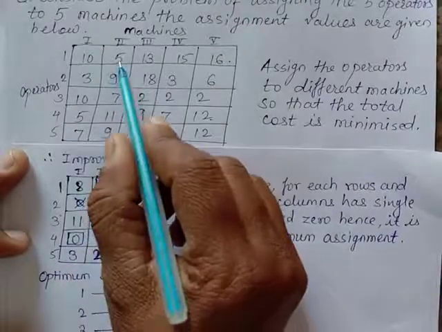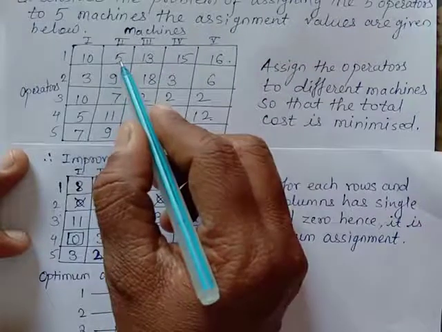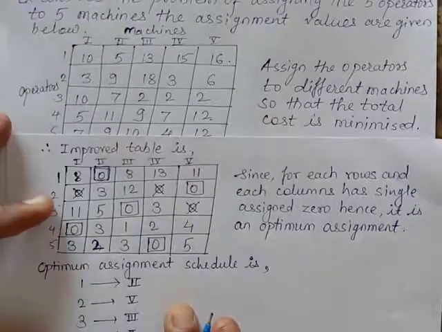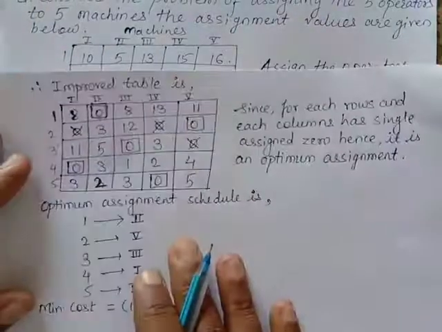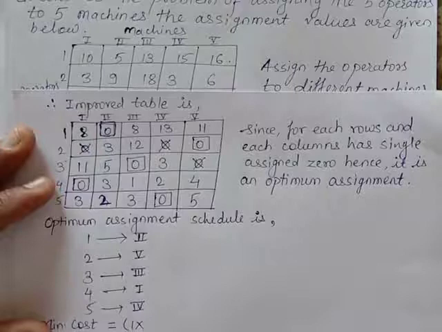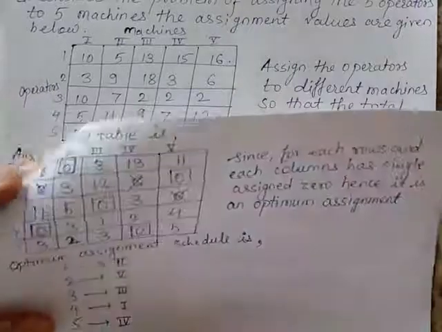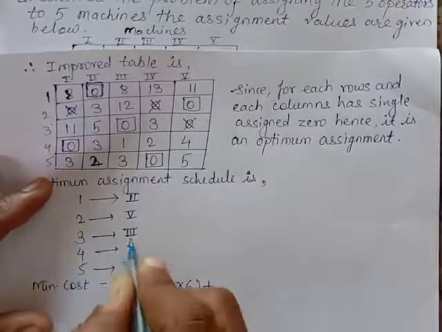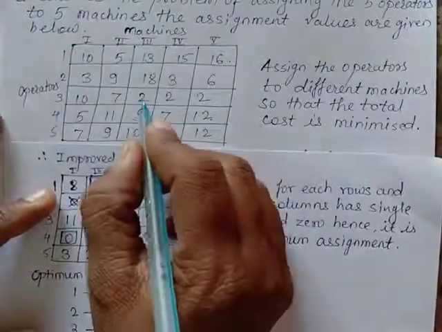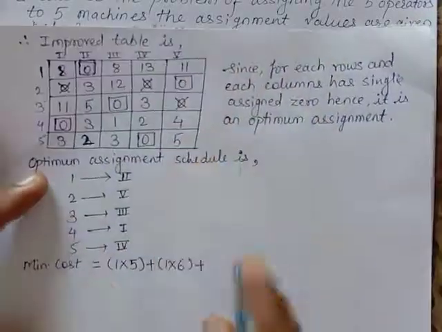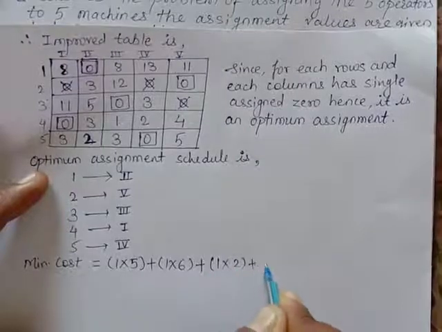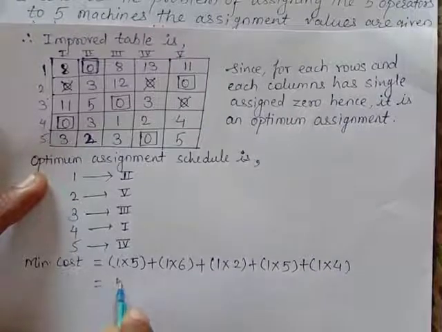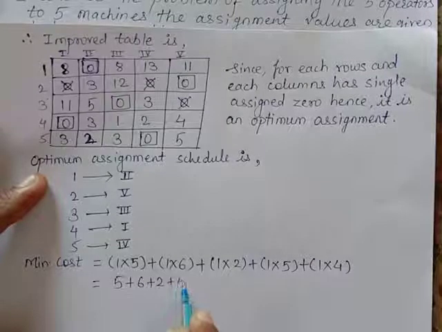So here the second one has a cost 5, then the fifth one has a cost 6, so this is 1 into 5 plus 1 into 6 plus, for the third one it will be this position, so what is the cost there? 2, and 5 and 4, so this will become 1 into 2 plus 1 into 5 plus 1 into 4, so this will be 5 plus 6 plus 2 plus 5 plus 4.